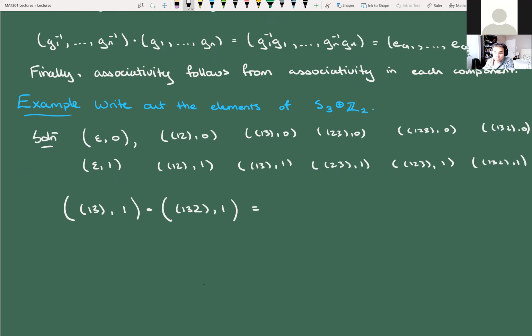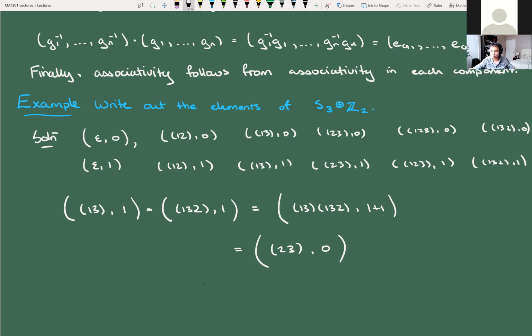According to our definition of how this direct product should work, this is going to be 1, 3, 1, 3, 2, and then 1 plus 1. And we can work out what those are. I shouldn't have done S3 because now I actually have to figure out what this is. 1 maps to 3 maps to 1. So this is, I think, just 2, 3, 0. That look right? Somebody double check my product of permutations, but hopefully that's right.